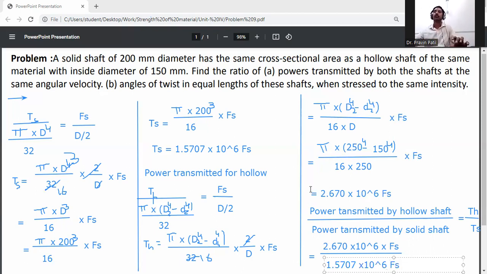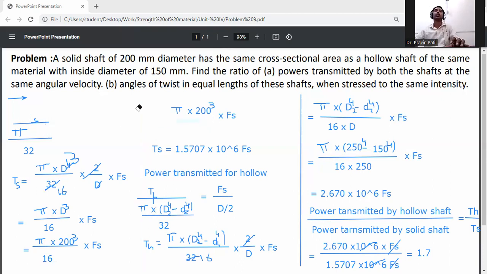Fs will get cancelled, and the 10 raised to 6 will also get cancelled. So 2.670 divided by 1.570, it will be 1.7. So power transmitted by hollow shaft to power transmitted by solid shaft is 1.7.